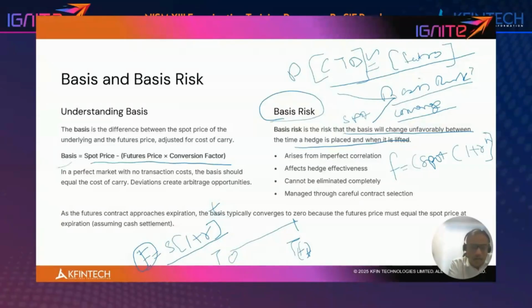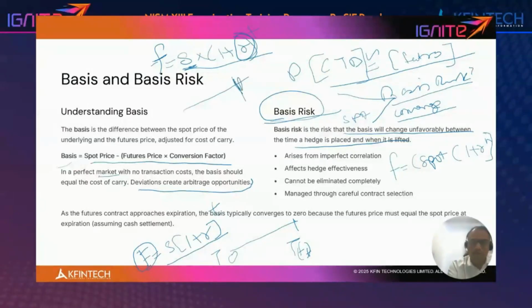So we understood that in a perfect market, there should be no arbitrage opportunity. Why? Again, the same formula, futures is equal to spot times 1 plus the cost of carry. So if there is a difference in the prices of futures and the spot based on the cost of carry, there is a basis risk. That means what you're expecting the price to be in future will not be that same price, and there will be sellers and buyers in the futures market who will try to exploit this arbitrage between the spot and the futures market.